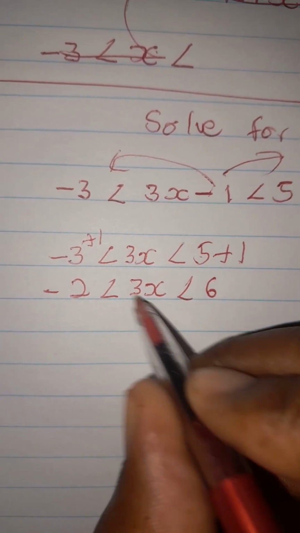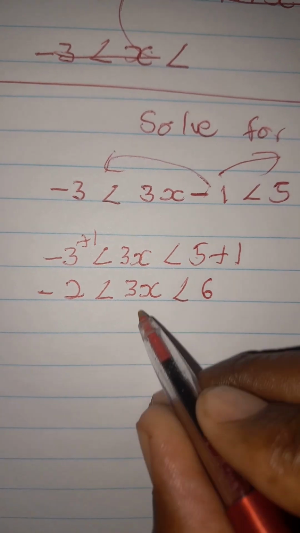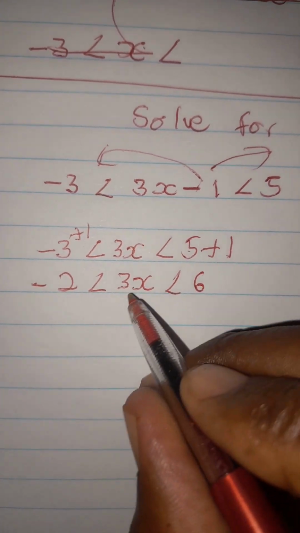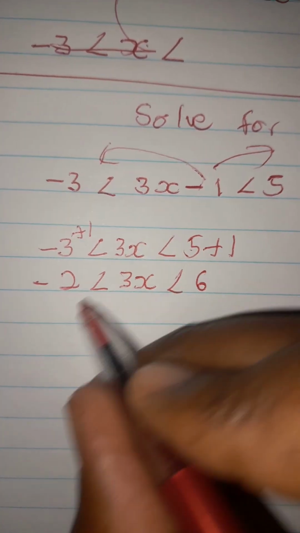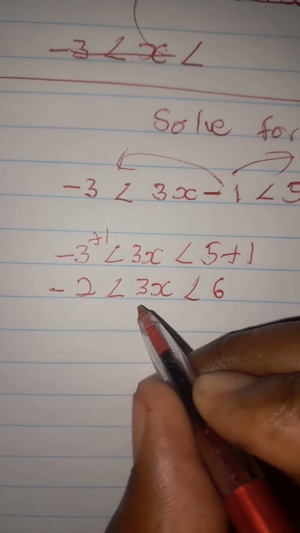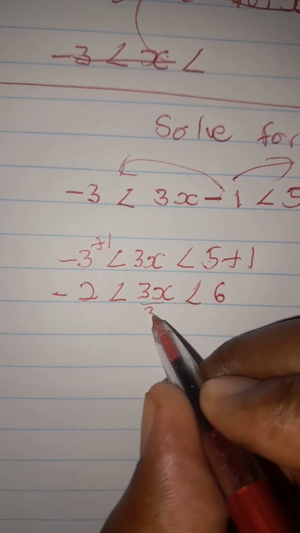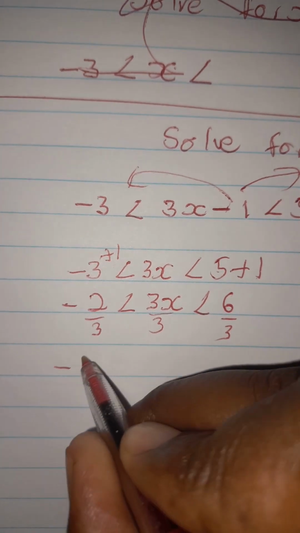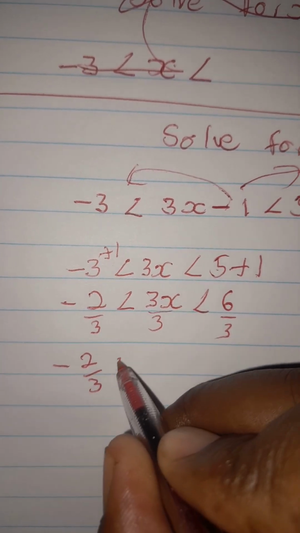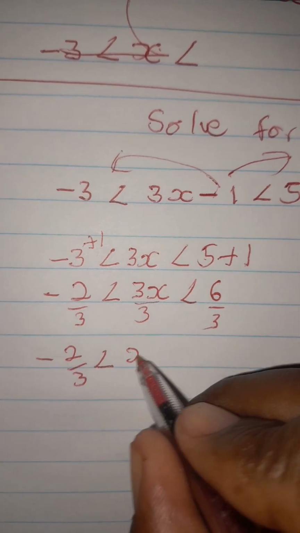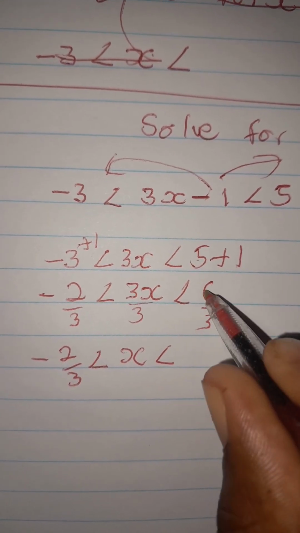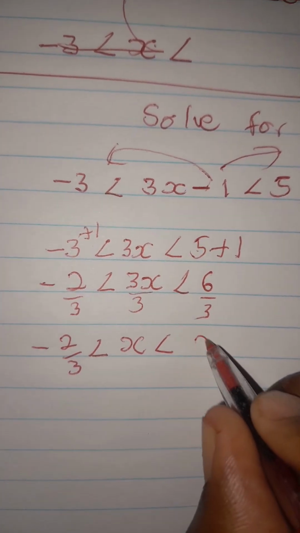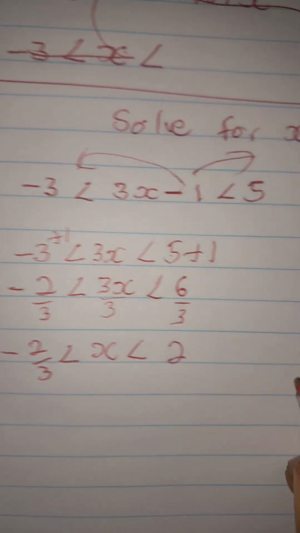Then we need to make x the subject, so we need values that will be between x. We can do that by dividing by 3. So we are going to have -2 all over 3 is less than x but less than 2, since 3 goes into 6 twice. So that will be the solution.